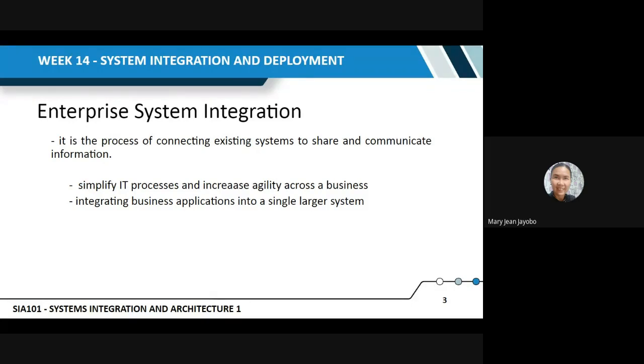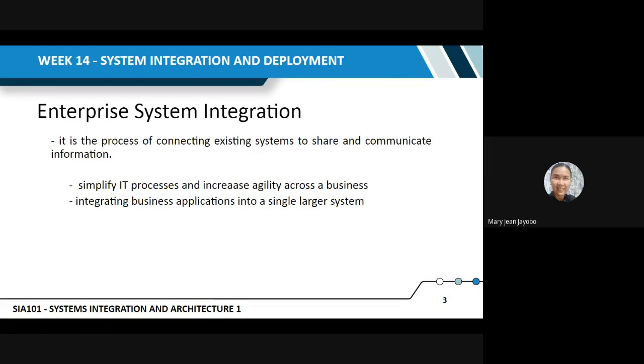Now, this may include the processes built around these applications and systems and the people managing those processes. So it is not only the technology, the processes or the applications that need to be updated or upgraded, but also the people who are using them.